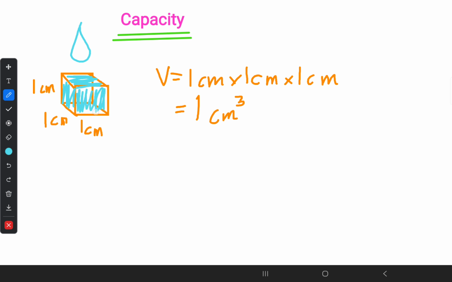That means the capacity of this cube is obtained. When you drop 1 droplet of water, the entire capacity of this particular cube is obtained. So that means we have a liquid measurement related to this volume. So 1 cubic centimeter, in milliliter measurement, we can define as 1 milliliter.